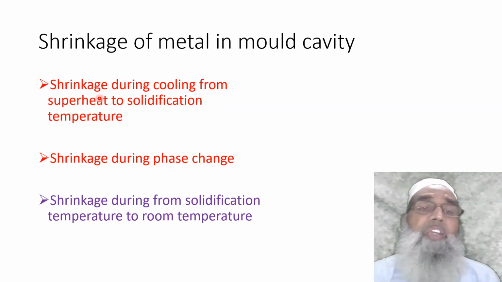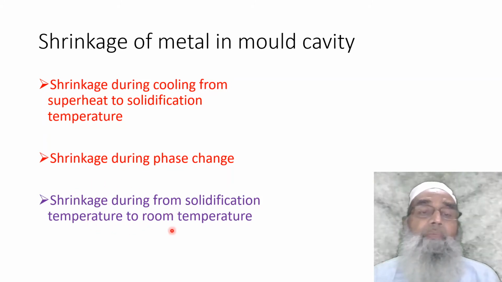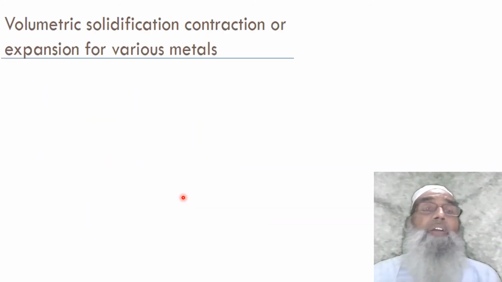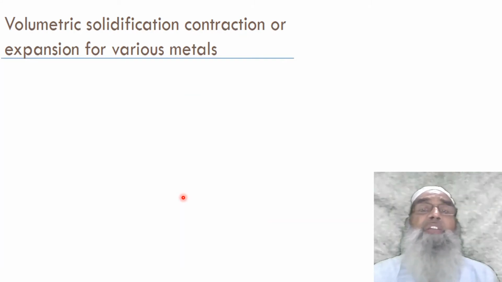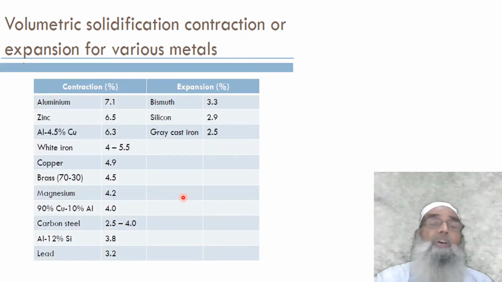Therefore we need to give proper allowance to the pattern. Basically, solid shrinkage allowance is given to the pattern. This is volumetric solidification and contraction of various metals which can be used for all our processes.